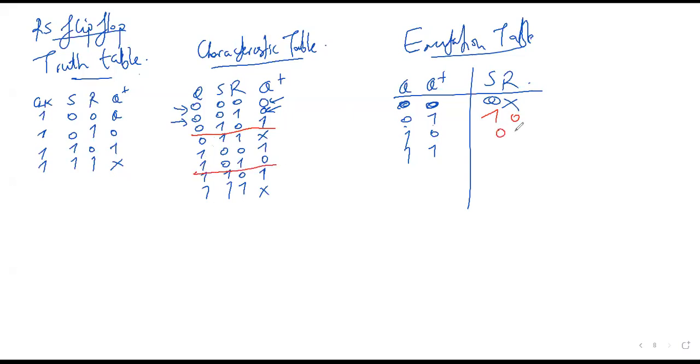My SR will be 0, 1. If I want to go from 1 to 1, here, let me change. So I have this one. I have 0, 0. I also have this one here. 1, 0. It means I have I don't care and 0.